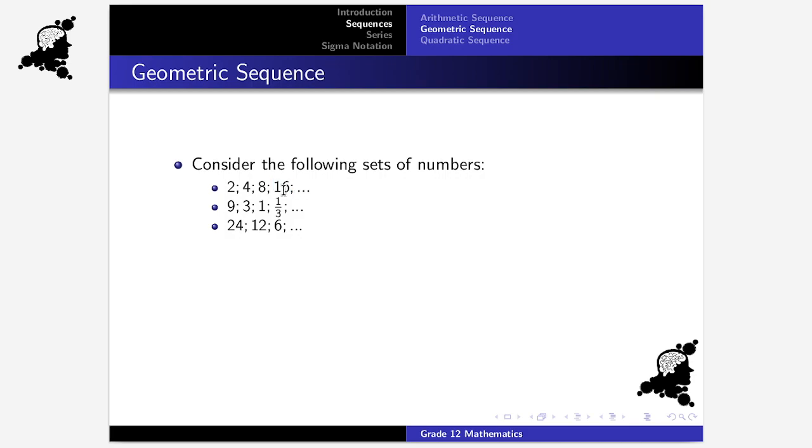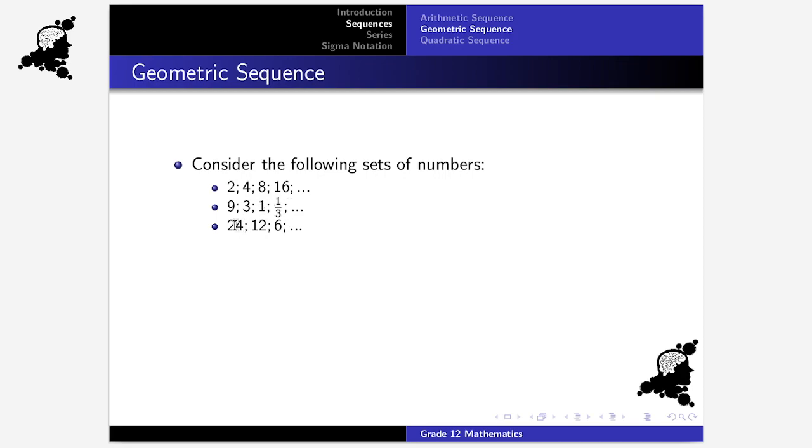In other words, to get the next term in the sequence, I just keep on multiplying by 2. The next sequence, you will notice that these are all descending powers of 3. So 9 divided by 3 is 3, 3 divided by 3 is 1, 1 divided by 3 is a third. So getting the next term in the sequence just involves dividing by 3 or multiplying by a third.